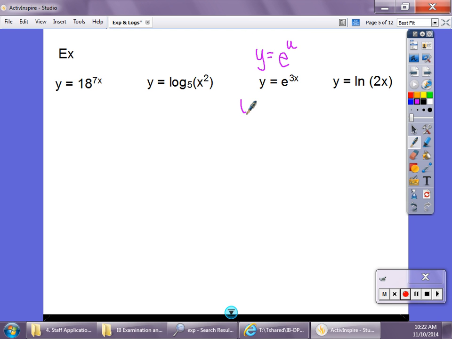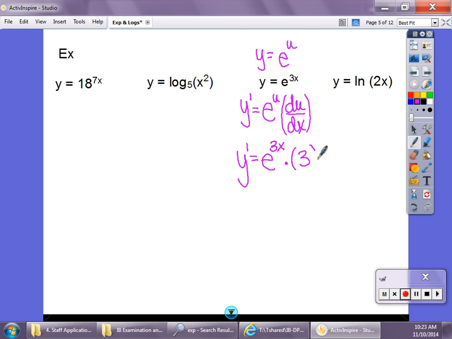Good. And what's the derivative of e to the u? e to the u du dx. Good. So now we plug in. y prime equals e to the 3x, leave the inside alone, that's the chain rule, times the derivative of the inside, which is just 3. Now I would rewrite that as 3e to the 3x.